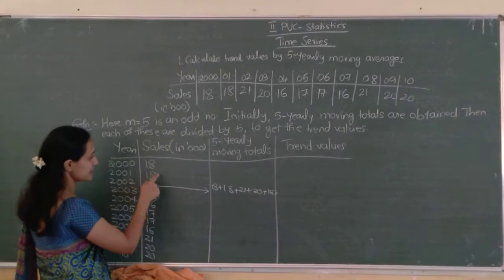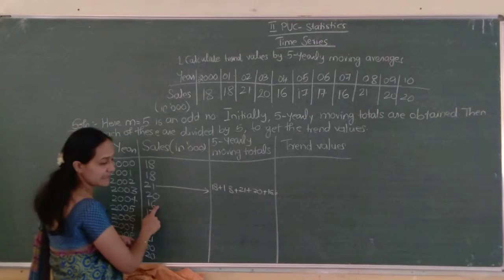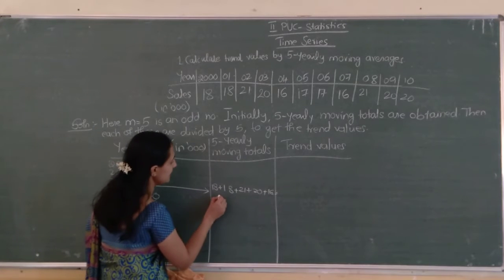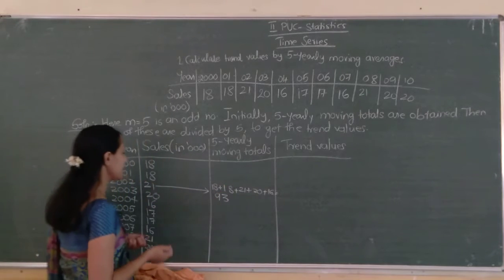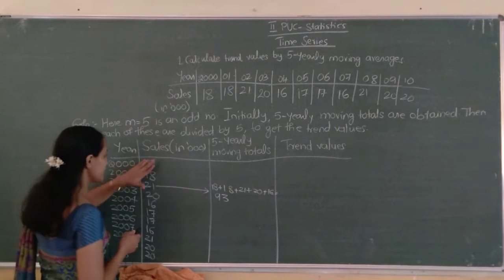It is 18 plus 18 plus 21 plus 20 plus 16. Answer is 93.